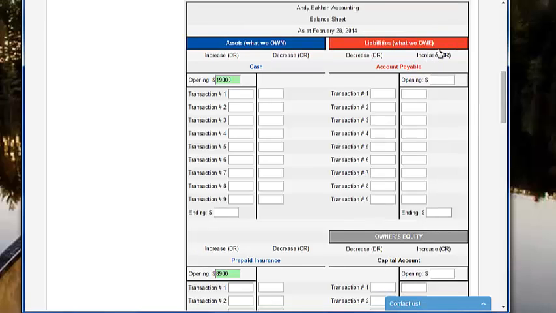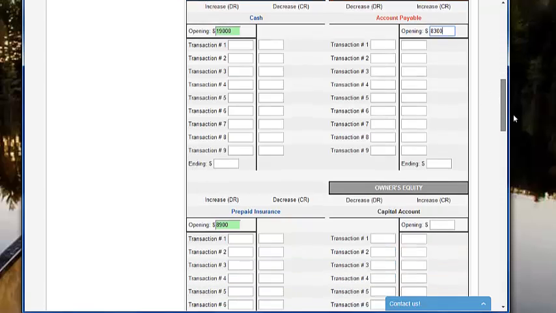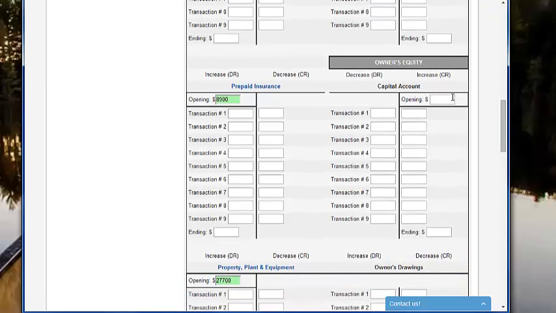Now liabilities are what we owe. A positive number is a credit. Debits on the left, credits on the right. Okay. We're balancing all the time, and we've got an opening balance in accounts payable of $8,300. Owner's equity, also the kind of the opposite of an asset, is a credit for an increase, $47,300.